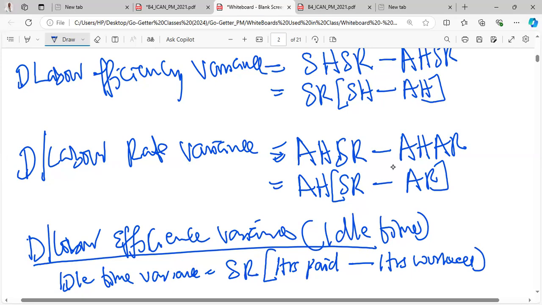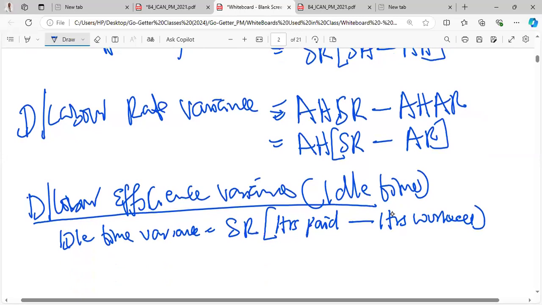So hours paid, it means the standard hours. It is hours paid for. Now for hours paid for, you are looking at the hours worked, hours paid for, yes. Hours paid for now usually is bigger than the hours worked.